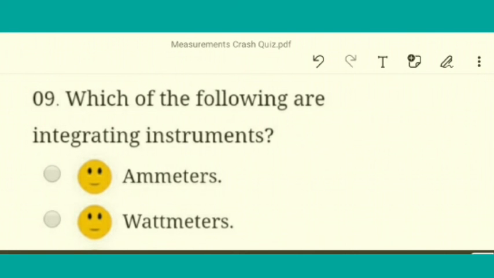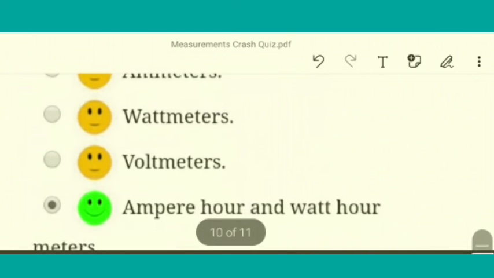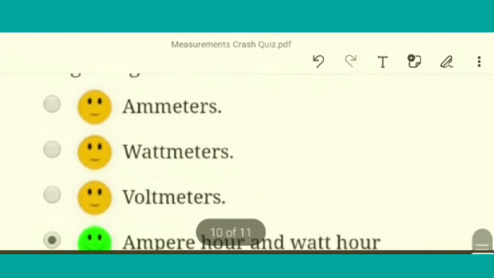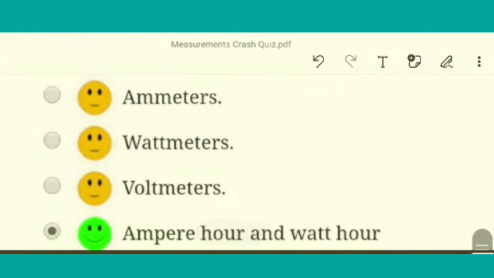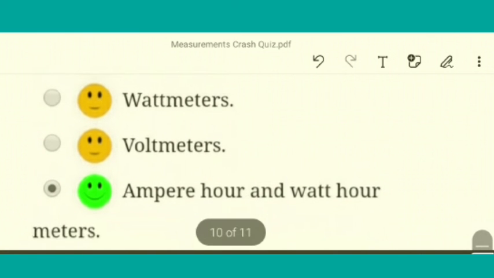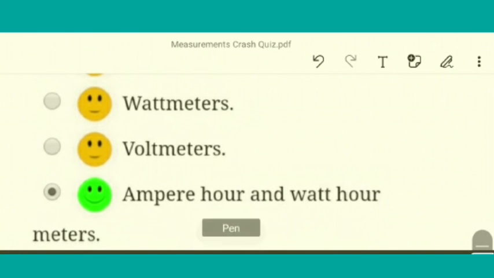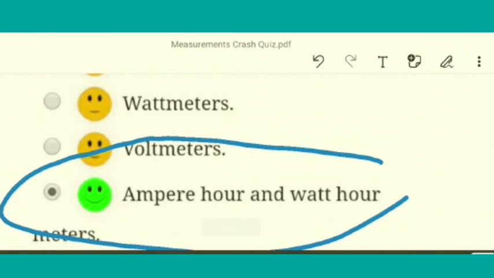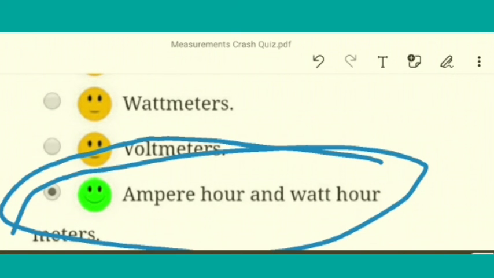The options are ammeters, wattmeters, voltmeters, and ampere hour and watt hour meters. We all know that an ammeter is used only for measurement of current, a wattmeter only for measurement of power, and a voltmeter for measurement of voltage. So ampere hour and watt hour meters are the integrating instruments. So our D option will be the correct answer.